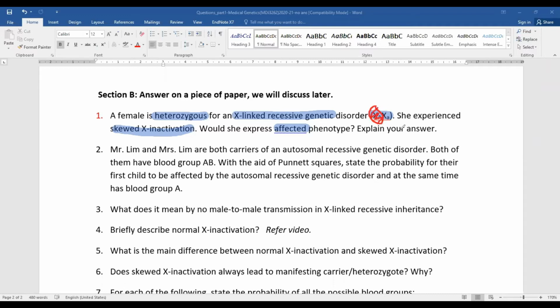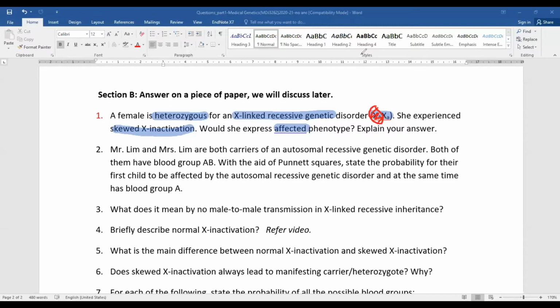Meaning that at the end, most of her cells will carry the X small a, which is the recessive mutant. So she will express the affected phenotype. Correct? She will be a manifesting heterozygote or manifesting carrier.